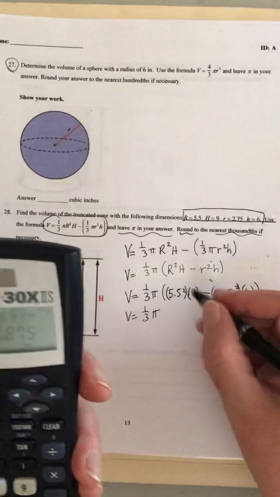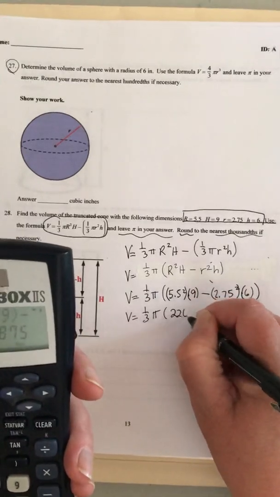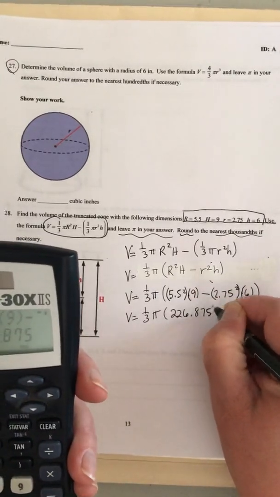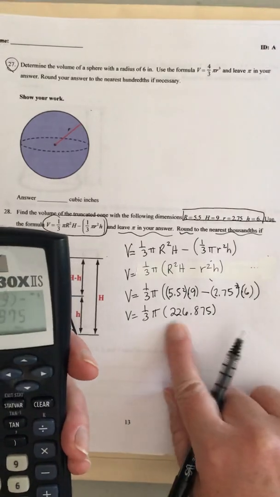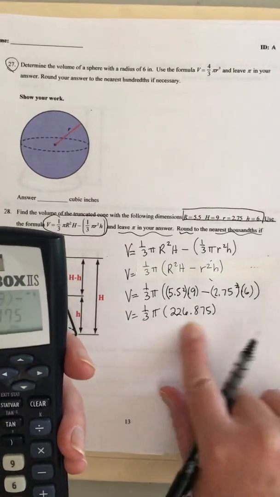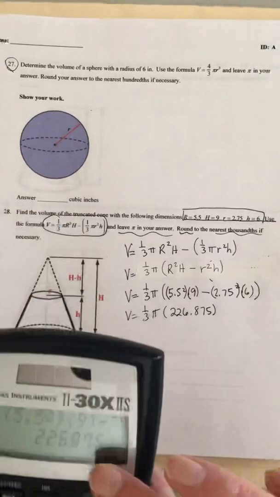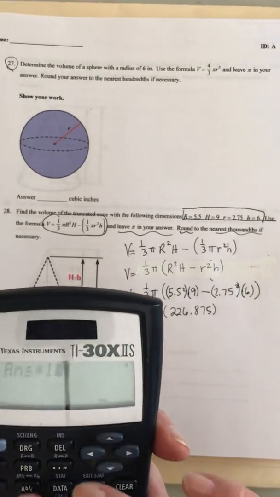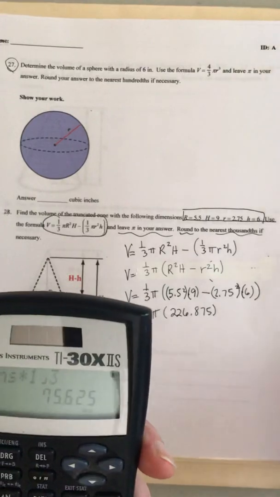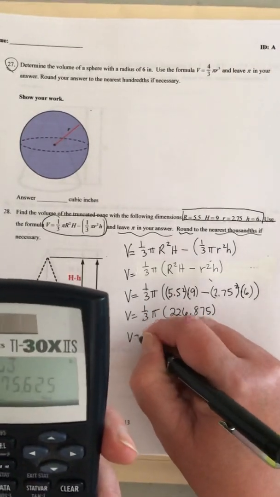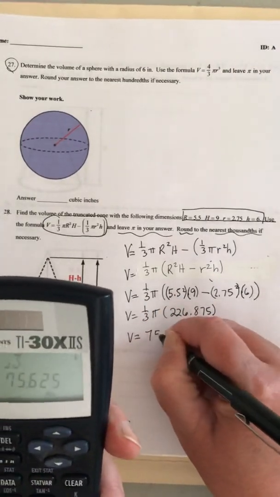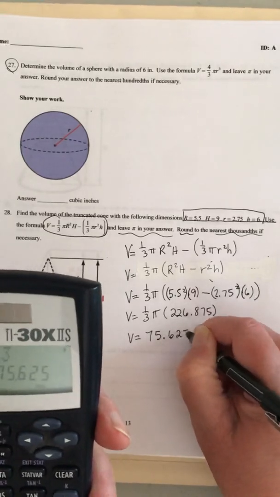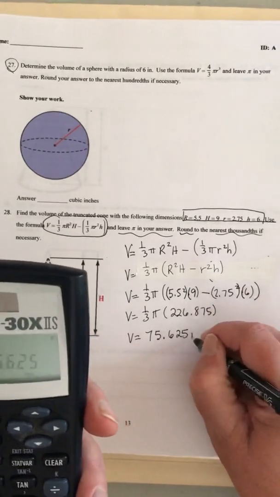All right, so we ended up with 226.875, okay? But now we have that 1/3 out in front, so we actually have to do that. So I have it in my calculator ready, so I'm just going to go times 1/3, and it gives me 75.625 pi.